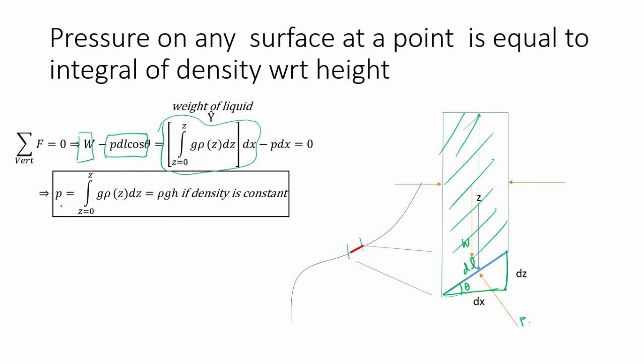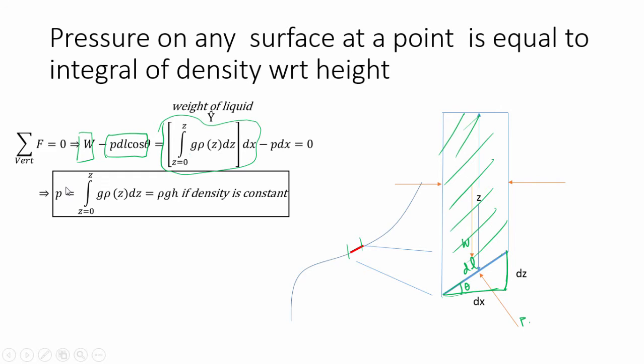If density is constant, it is rho gh. So the pressure on a slant surface will be rho gh. Irrespective of what happens, the pressure on a slant surface will always be rho gh. So it's always just equal to the weight of the water above it per unit surface area. That's why you get rho gh.